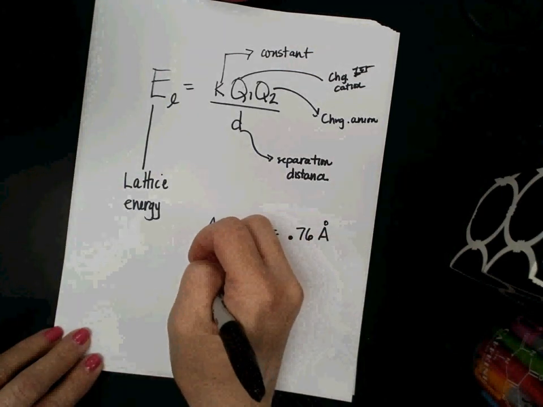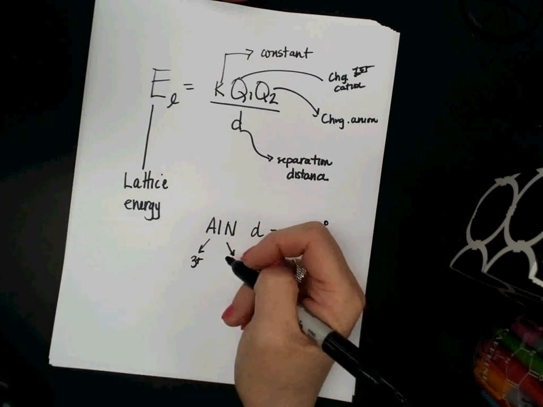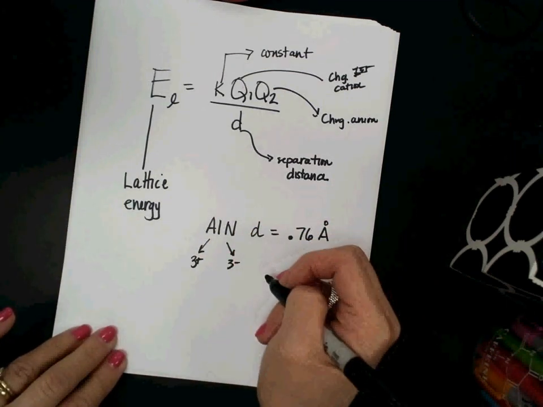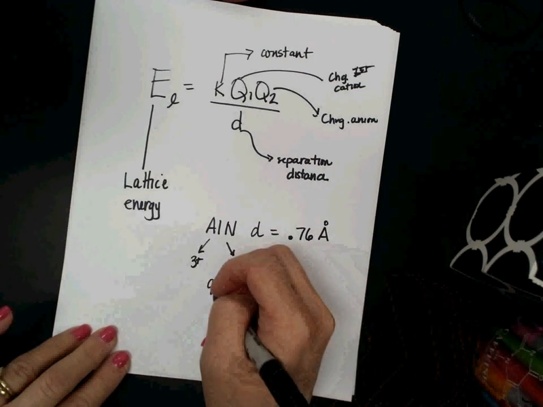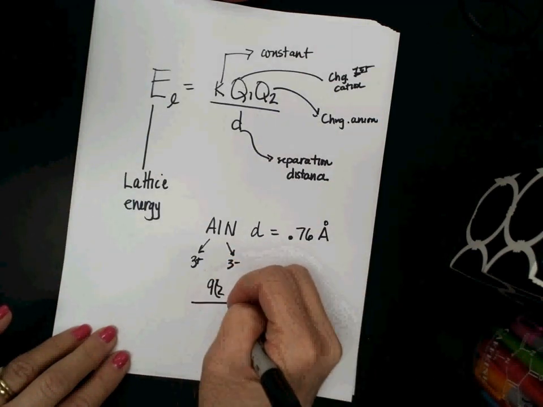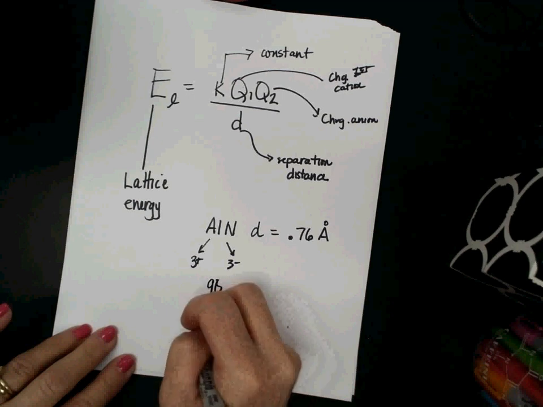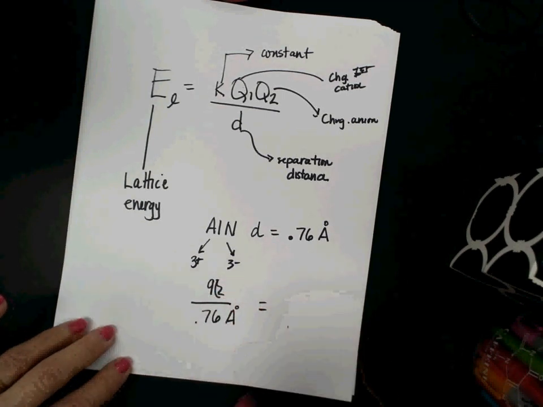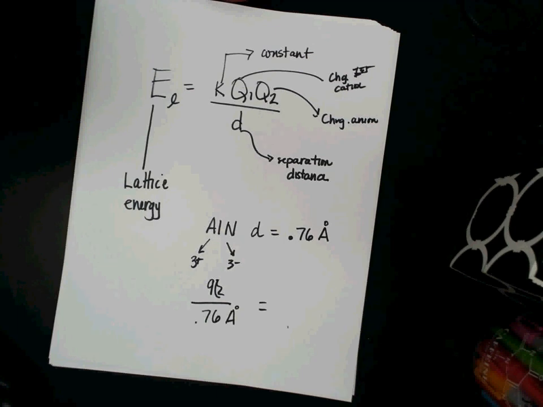What's the charge on aluminum, Evan? Do you know? 3+. Good. So this is 3+. Nitride's what, Jacob? 3-. So I have 3 times 3, so I have 9. 9 divided by 0.76 angstroms.